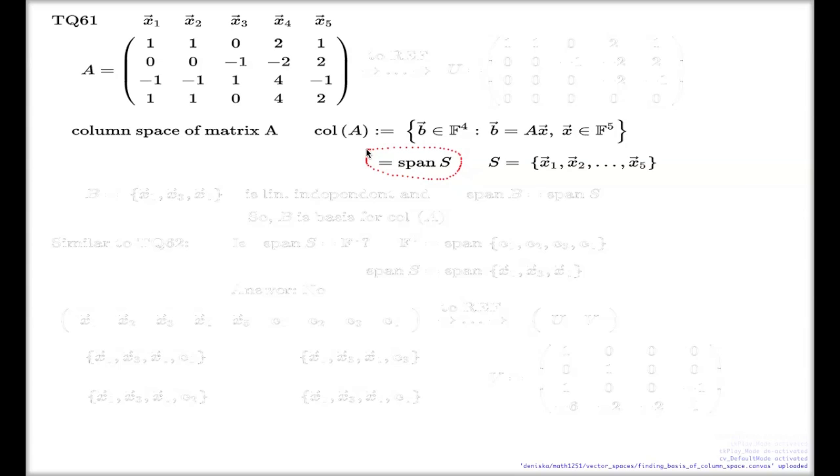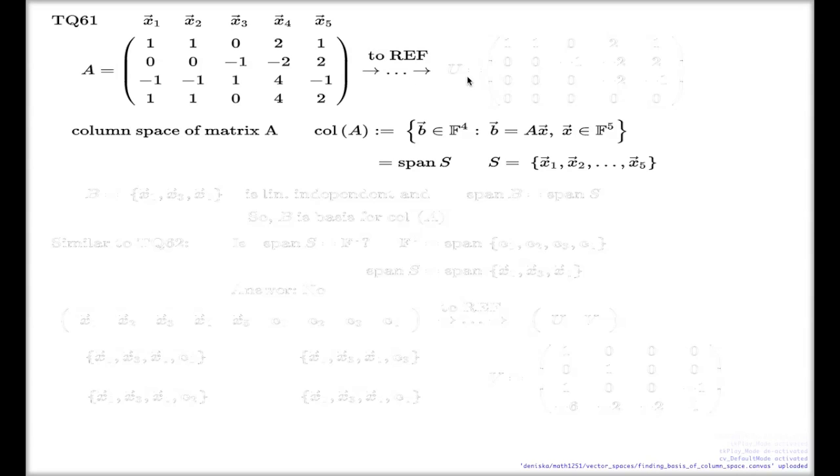So in equation 61, we need to find the basis for this column space of the matrix A. And again, it's a method which relies on the row echelon form. Again, I'm not going to just compute the row echelon form by hand. I use the computer algebra system for that.